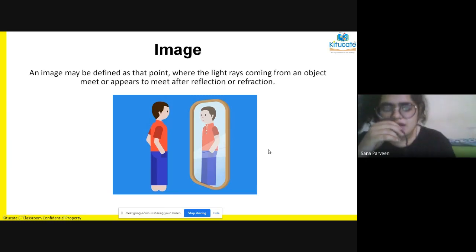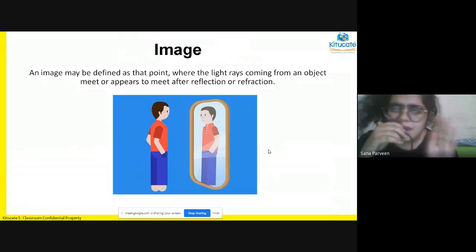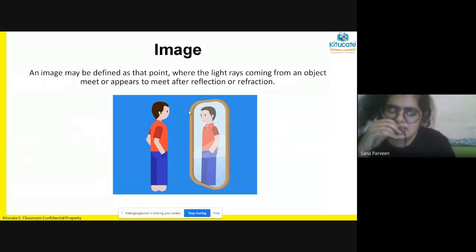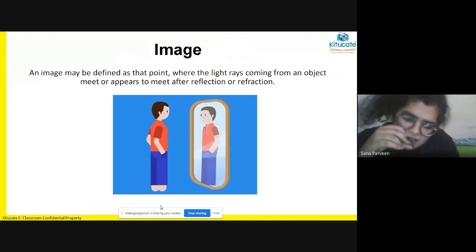Okay, but the image which is formed here is not by the actual meeting of the light rays. Yes or no? Yes, it is not by the actual meeting of the light rays, because the light rays which were falling on the plane mirror were getting reflected. Okay, the rays got reflected away.